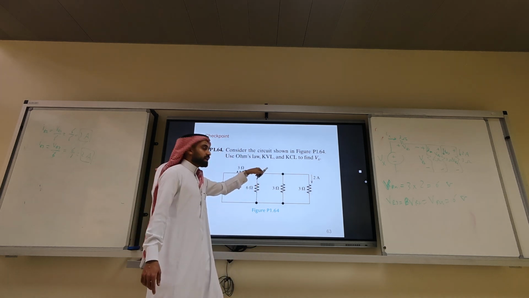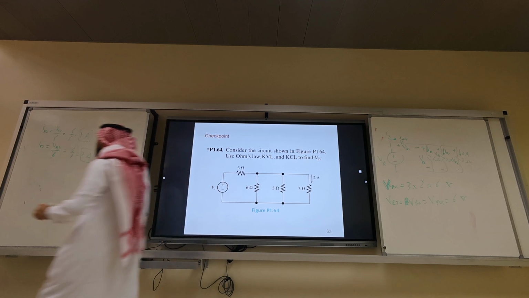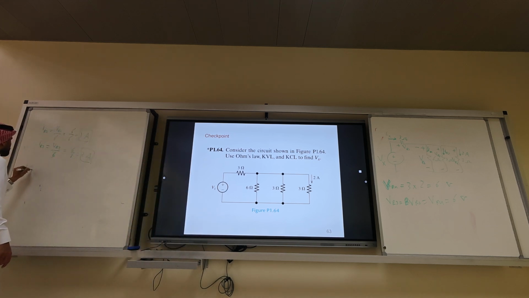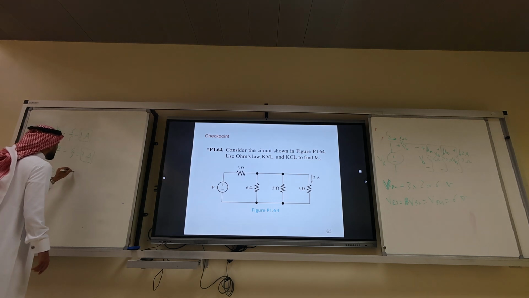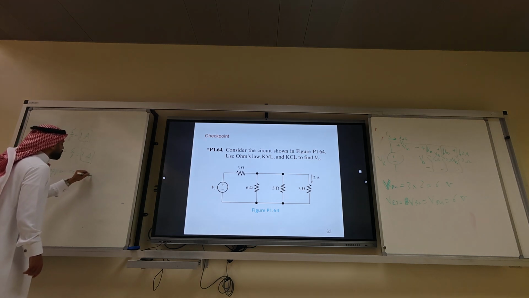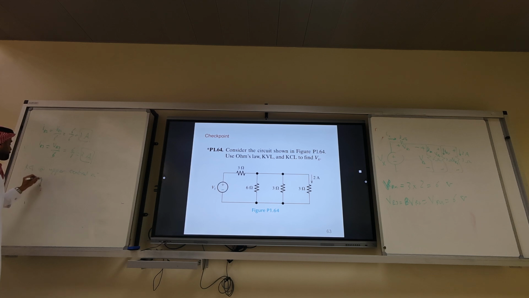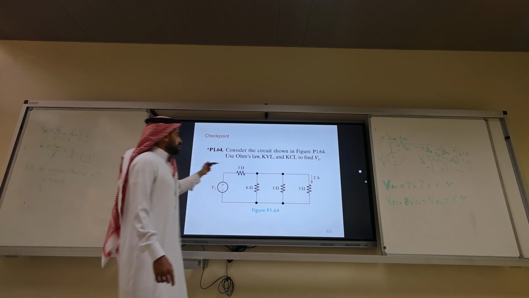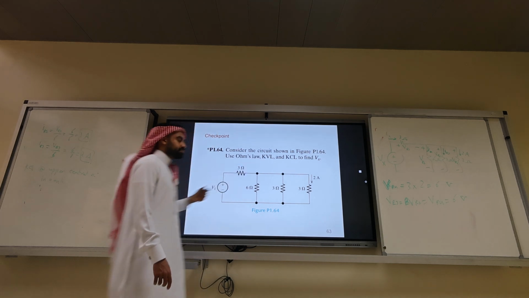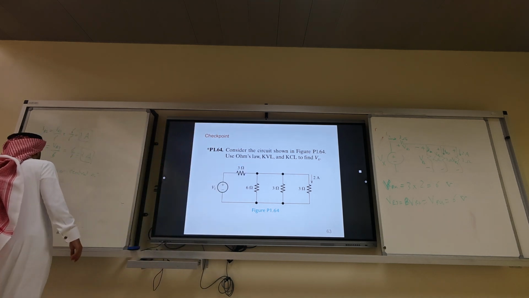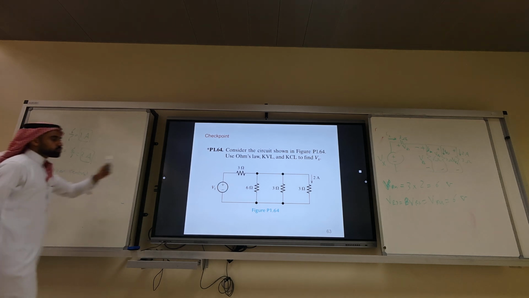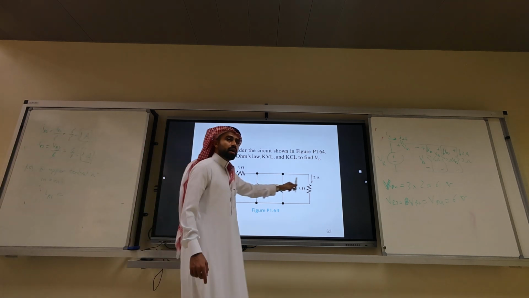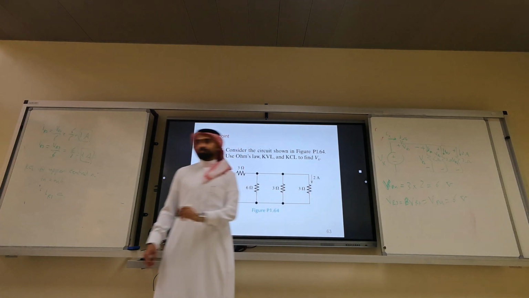We can do a KCL here. KCL at the upper central node. In equals out. What is in? IR1. What is out? IR2, IR3, IR4.